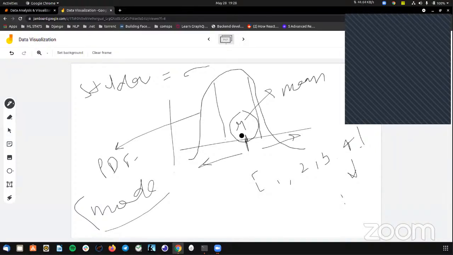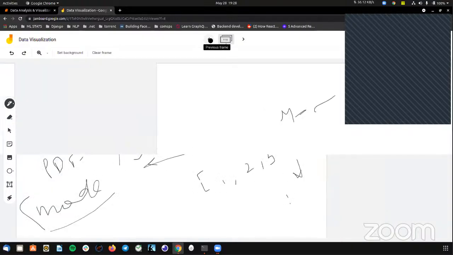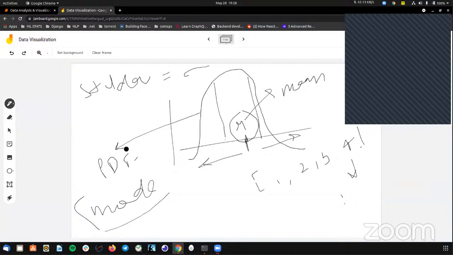So how exactly does the bell curve work? This is how it works. For the first deviation, we say mu plus minus sigma. For the second one, mu plus minus 2 sigma. I'm telling you right now, this has more to do with the probability density function.